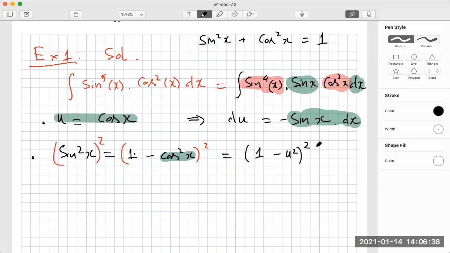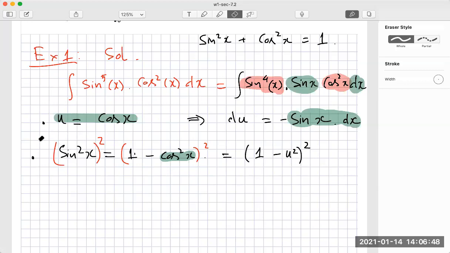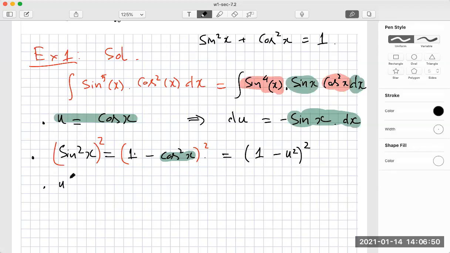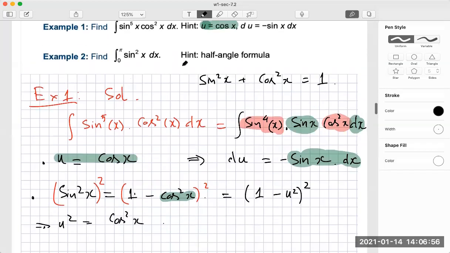And furthermore, I should have written here that u squared will be cosine squared x. Okay, we know everything.